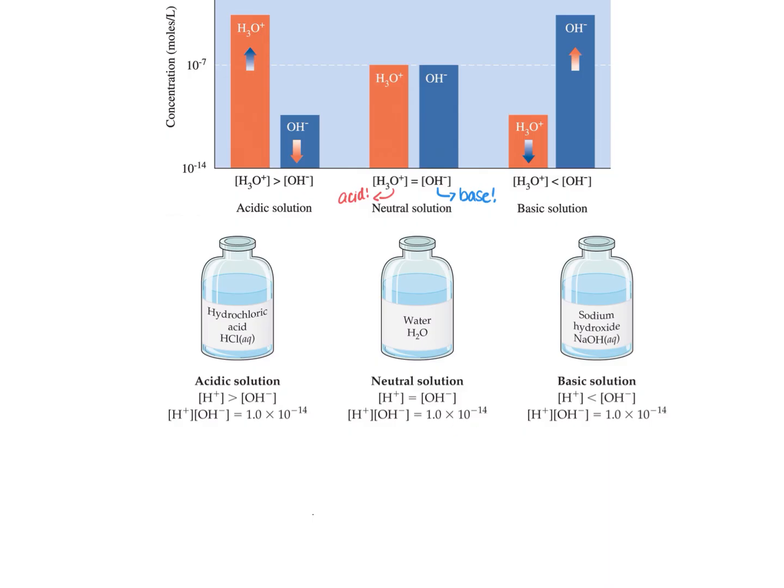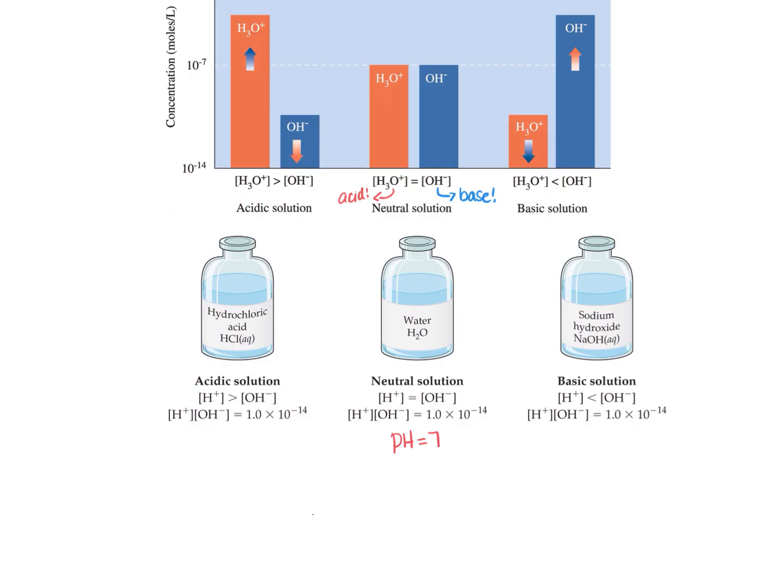Now, that's for us here in this class. If you were to go on in chemistry, you could see some differences in this based on things like temperature, but we are not worried about that. So this is what we have, and a neutral solution has a pH equal to 7.